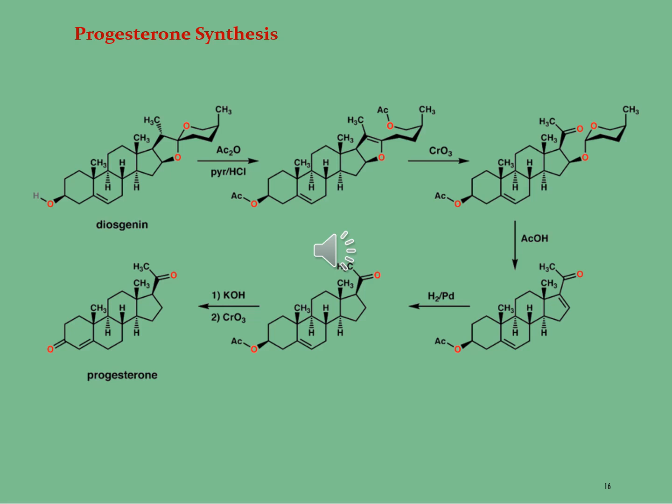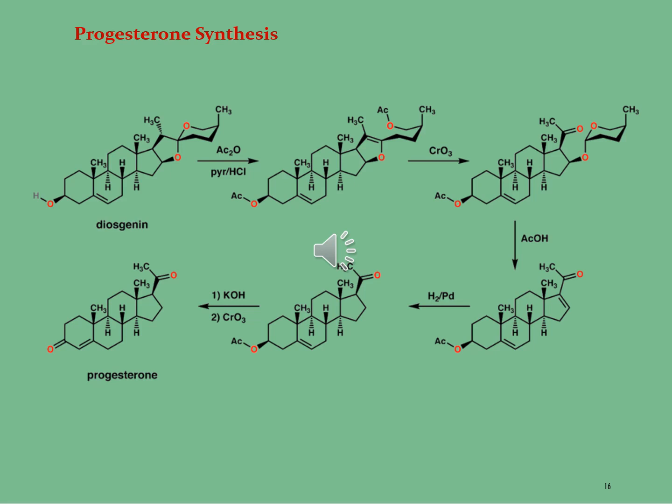So this molecule is treated with pyridine in the presence of hydrochloric acid, and the proton present at the carbon 3 position with the oxygen atom is converted into an acetyl moiety.